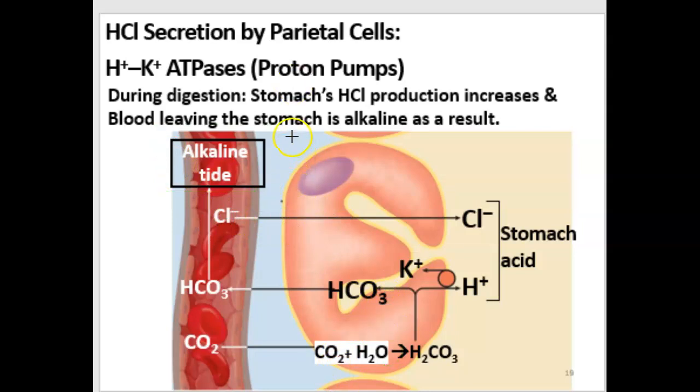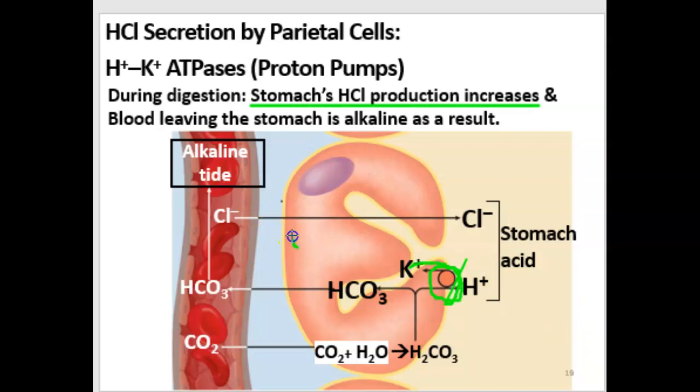I used this particular picture and slide because I think it's a lot simpler than what's in your textbook. And it basically here says that during digestion, the stomach's HCl production will increase because these pumps are going to pump more hydrochloric acid into the stomach.